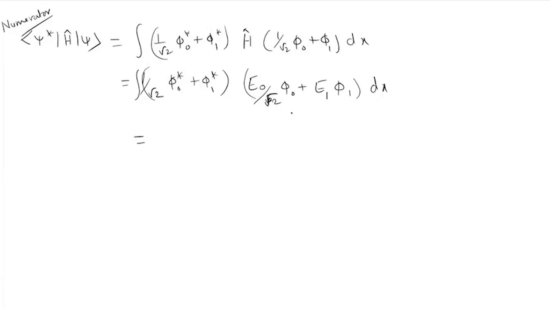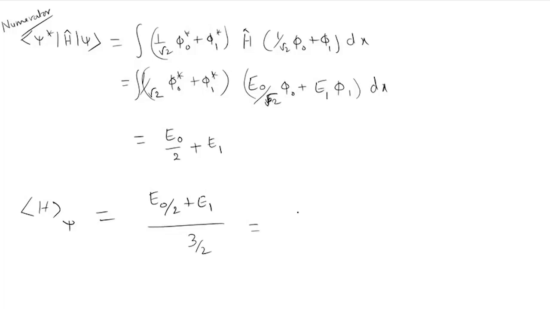Again, there are cross terms. Cross terms will go to 0. Only the normalized ones will give rise to this. So the expectation value in this state, the numerator is E0/2 plus E1. Denominator is 3/2. The total one you should have is E0 plus 2E1/3. I think, yeah, this is how you do it.